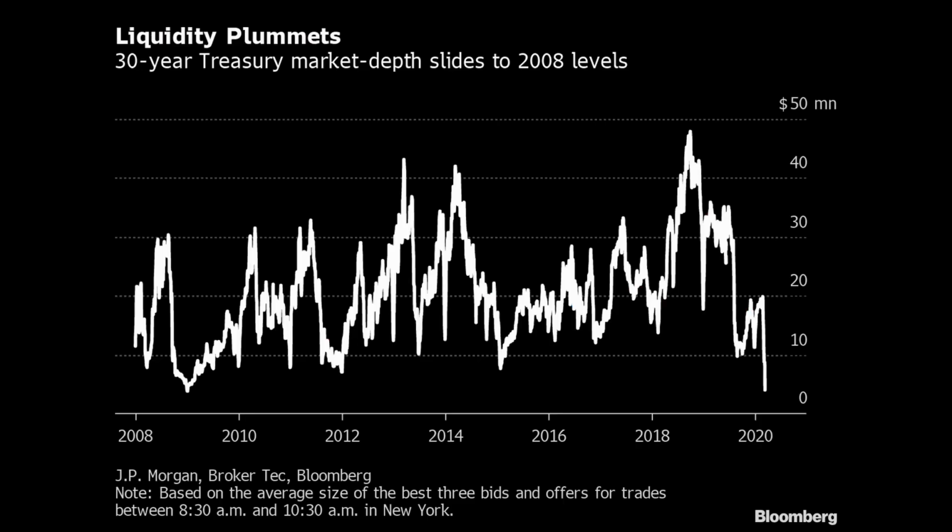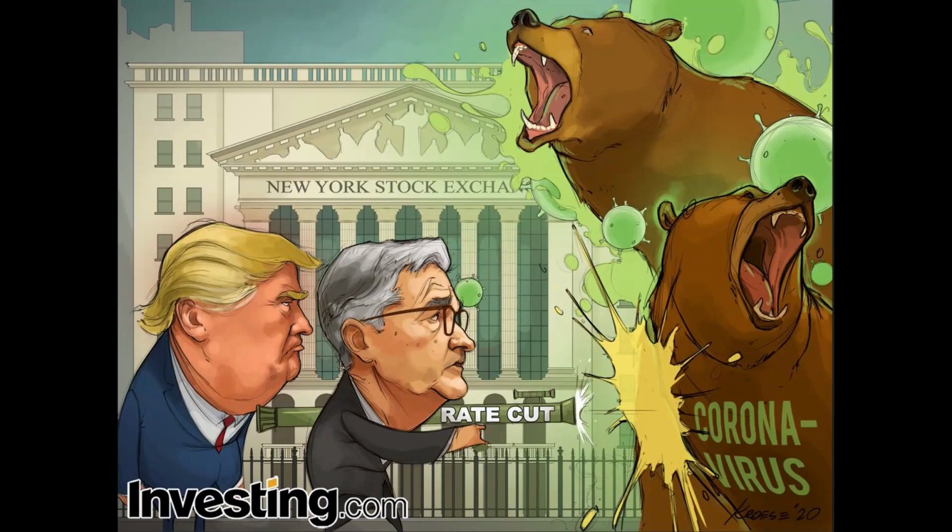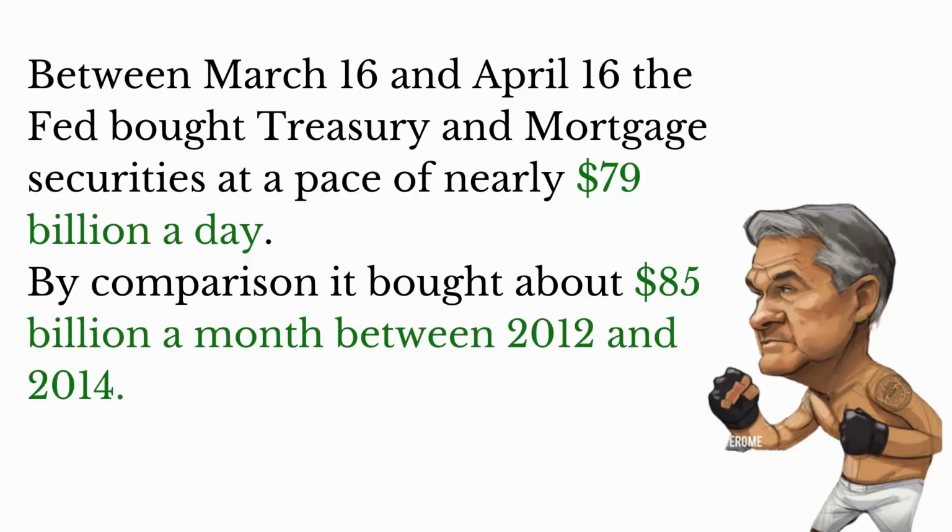Credit market froze up, liquidity dried up, and that's because everyone was deleveraging, and that's when the Fed came into the picture. In a world where everyone is deleveraging, the Fed stood up and said, "I'll be your buyer." To understand how aggressive the Fed was, check this out.